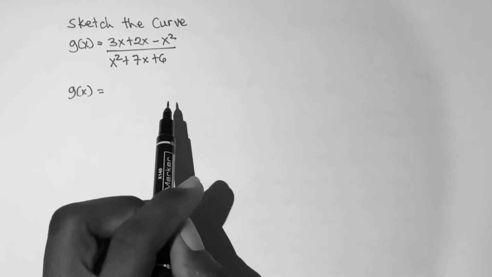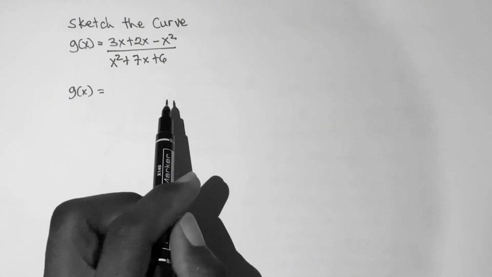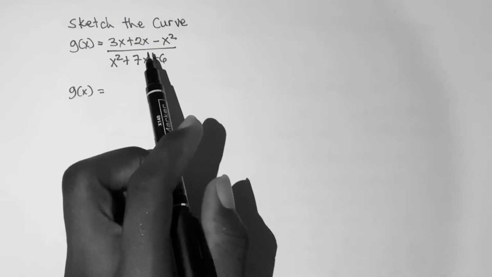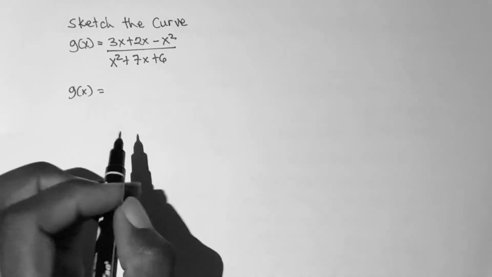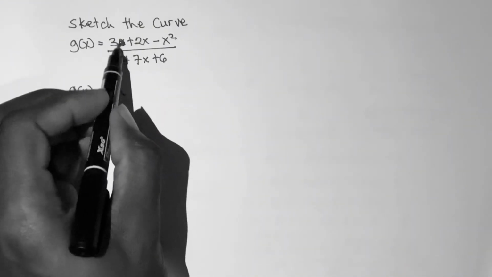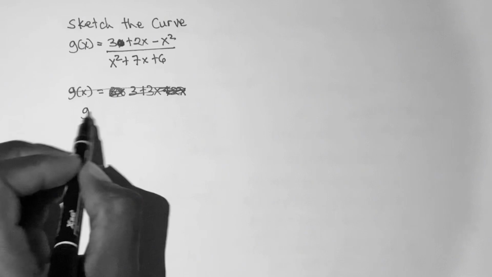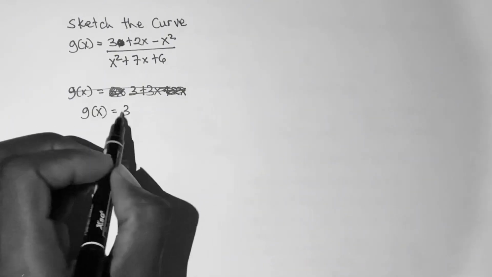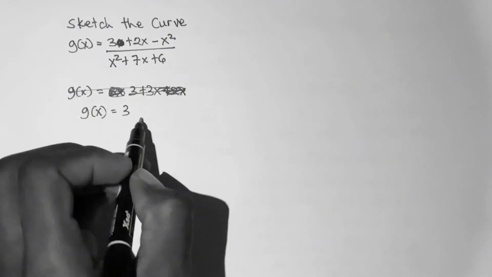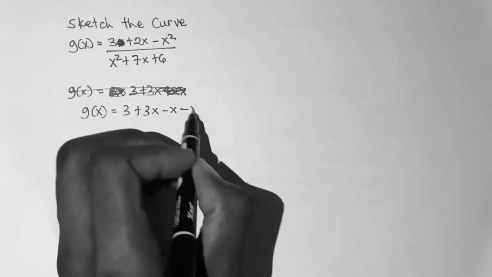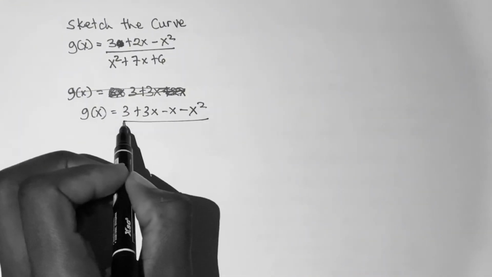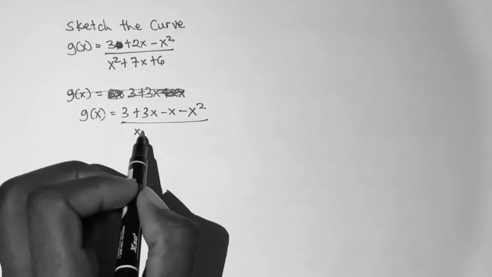So two numbers that when we multiply, you get minus 3, but when you add, you get plus 2. That is 3 and minus 1. Sorry, there is no x here. This is a mistake. This becomes, g of x becomes 3 plus 2x minus x squared divided by x squared.